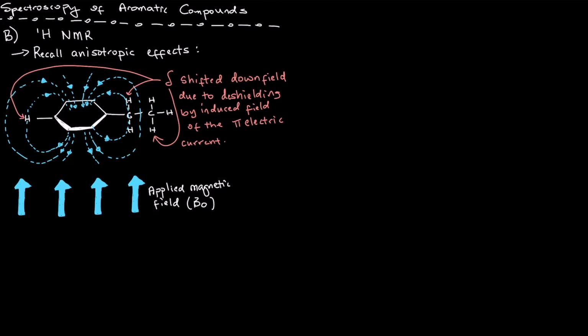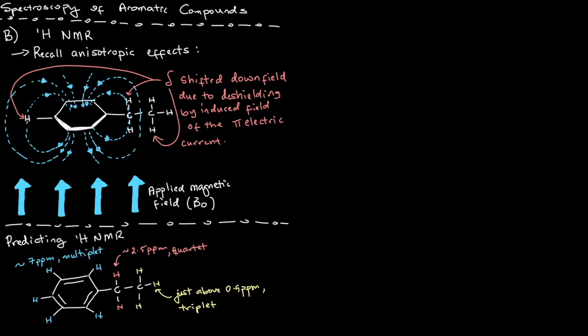So the protons on the periphery of a benzene ring are significantly de-shielded due to that induced field in the same direction as the applied magnetic field B naught. And so you would usually see these protons way further downfield than regular old vinylic protons, somewhere in the 7 parts per million region.